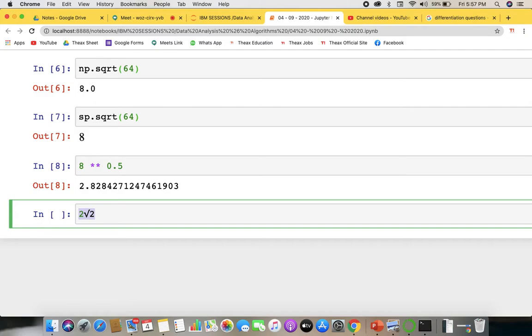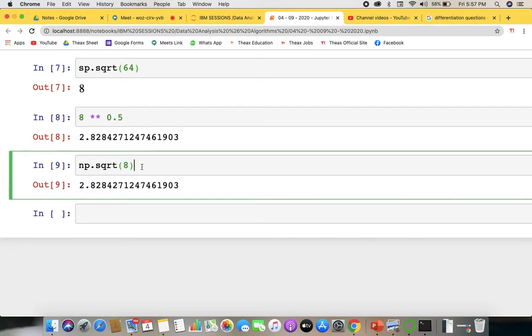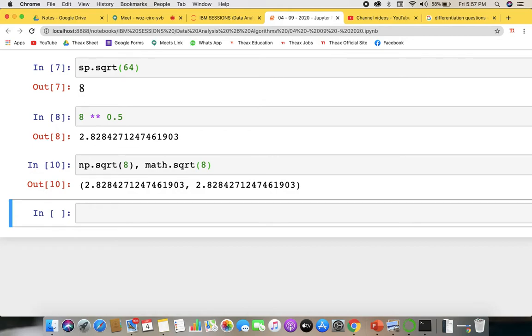So in SymPy or in NumPy, in any library apart from SymPy, if you write np dot sqrt of 8, or maths dot sqrt of 8, you've got all the results from the above, and we're getting the same things, right?